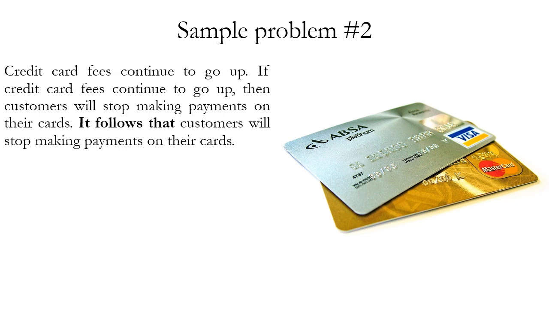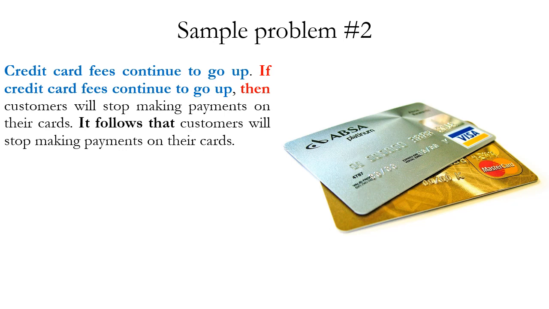Now that we've identified the conclusion, can you find the logical operators in this argument? We can see one logical operator, if-then. There do not appear to be any other logical operator terms. No ors, no nots, no ands. So the next step is to identify our first simple proposition that appears in the argument.